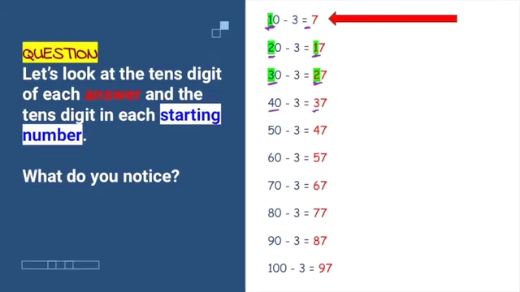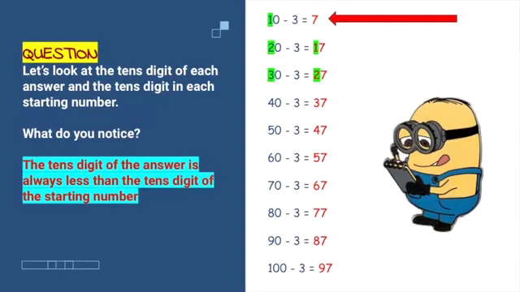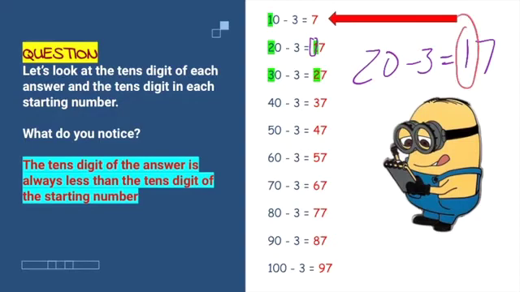What do you notice? I bet you guys all noticed that the tens digit of the answer, let's look at this one, if we have 20 minus 3 equals 17. The tens digit of the answer is always less than the tens digit of the starting number.